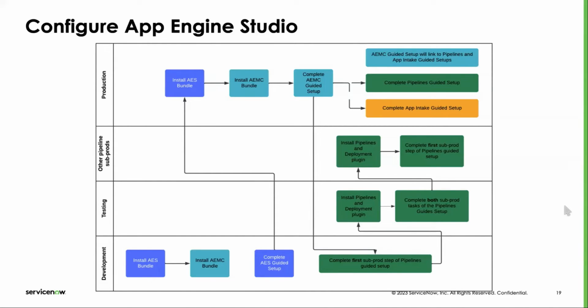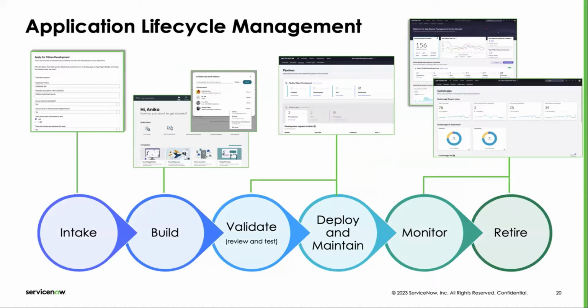And then one last thing before we get to the demo. So this looks obviously a lot like our application lifecycle slide, back a few slides. The thing I wanted to note here is that for each of these steps in that application lifecycle, we do provide out of the box plugins or applications that help support those.